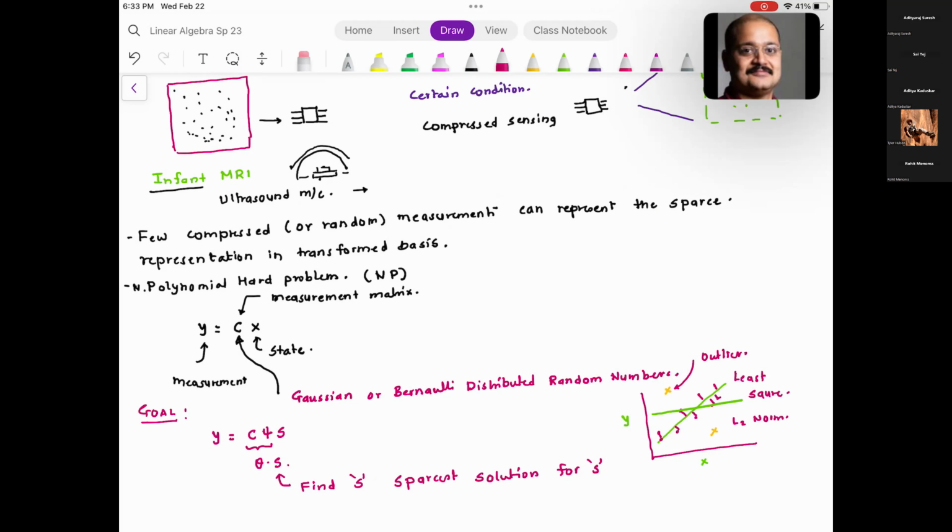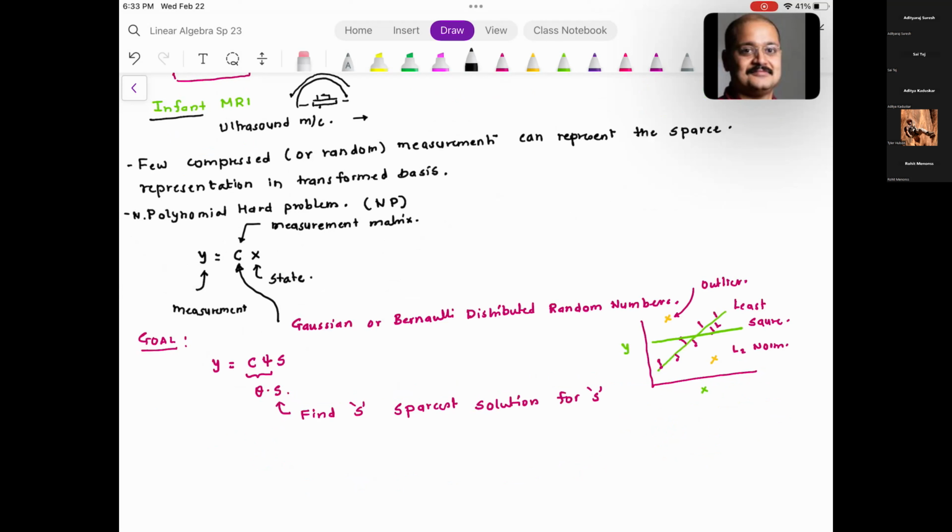So the best way to solve these types of problems is something called the L1 norm. If you have y, if you have x, and now imagine that you have data that is all over the place, fitting a least square solution is not the best approach.